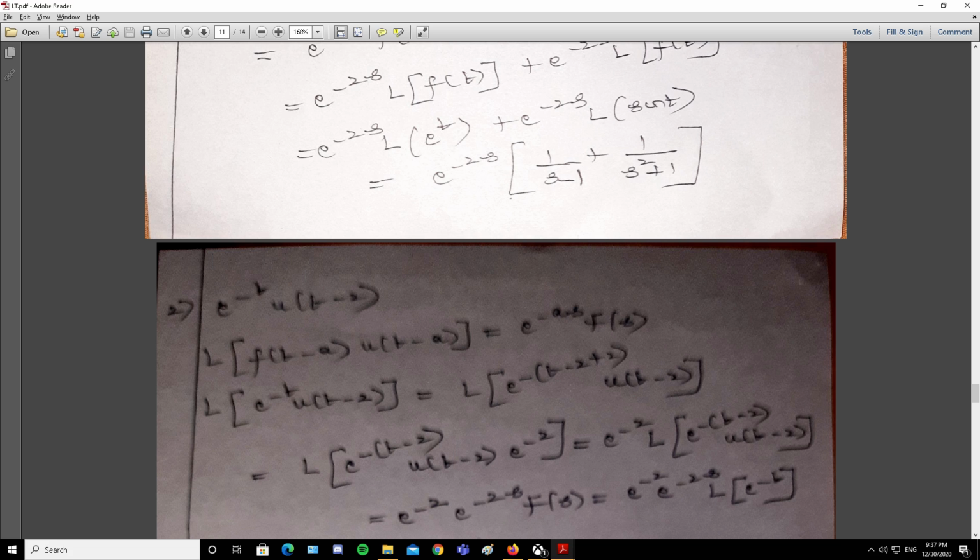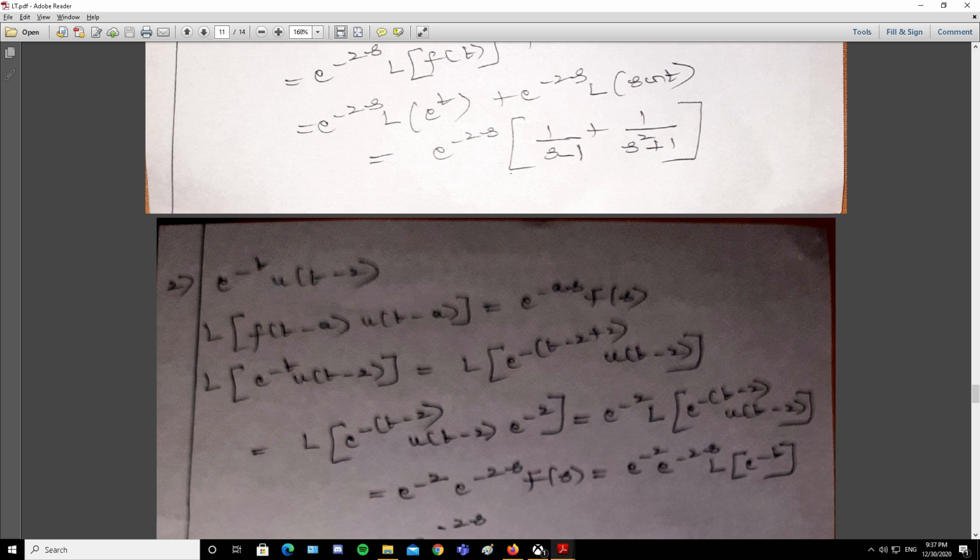Now you split the exponential term e power minus of t minus 2 plus 2 into e power minus 2 and e power minus of t minus 2, times u of t minus 2. E power minus 2 is a constant, so take it out. So e power minus 2 into Laplace of the product e power minus of t minus 2 u of t minus 2.